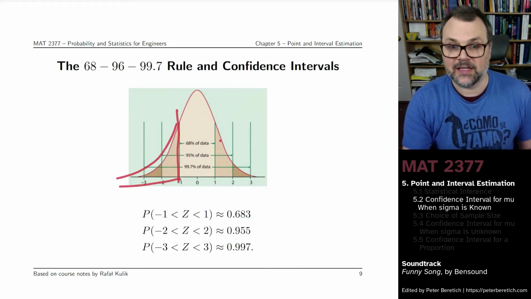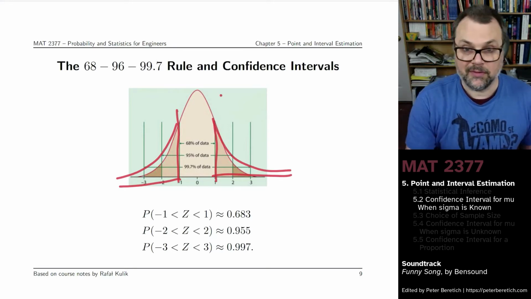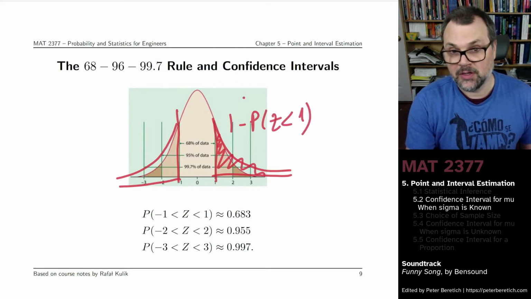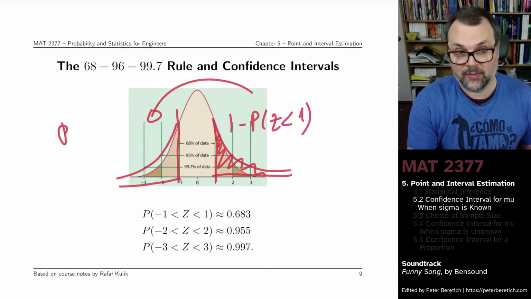is exactly the same as the area here, right? These are symmetrical curves. So this area would be 1 minus the probability that z is smaller than 1. That's the same as the probability that z would be smaller than -1.